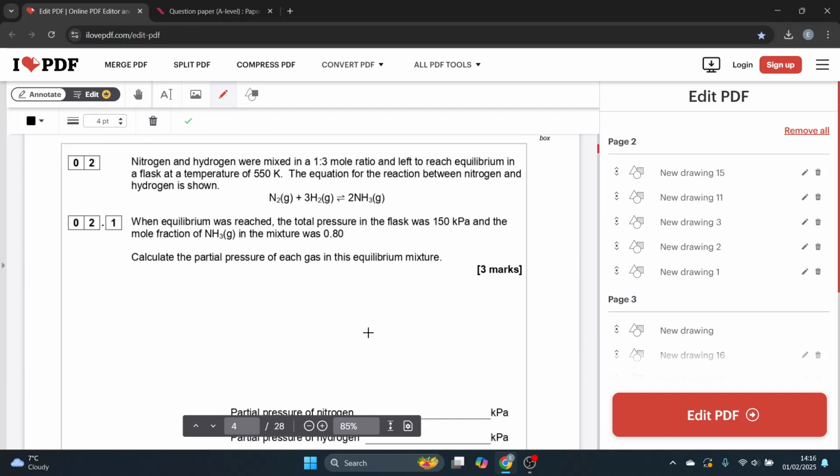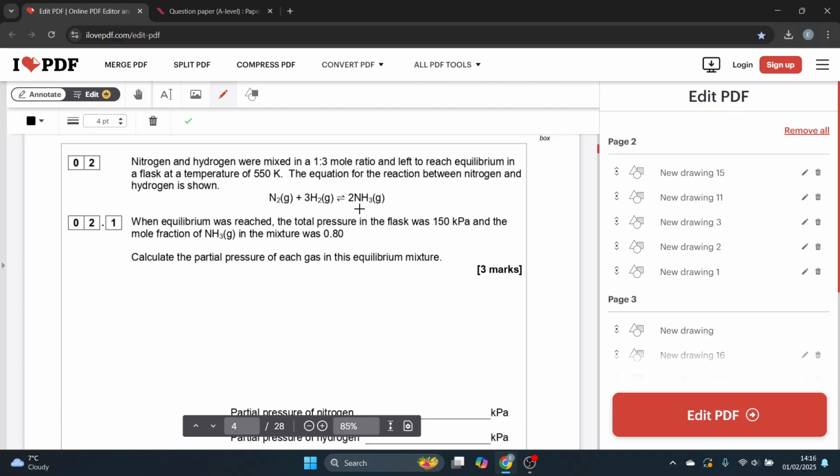Question 2. Calculate the partial pressure of each gas in this equilibrium mixture. Nitrogen and hydrogen mix in a 1 to 3 mole ratio and are left to reach equilibrium in a flask at a temperature of 550 Kelvin. The equation for the reaction between nitrogen and hydrogen is shown. When equilibrium was reached, the total pressure in the flask was 150 kilopascals and the mole fraction of NH3 was 0.80. Calculate partial pressure. So I know the mole fraction of NH3 was 0.80.